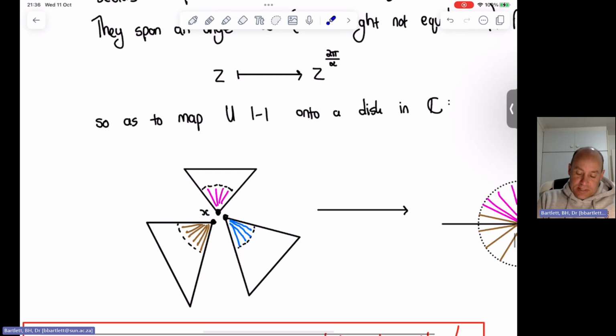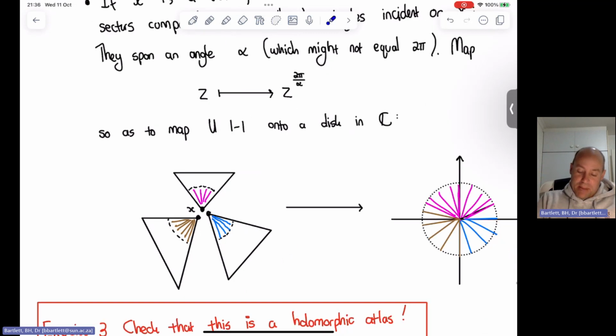So the point is, here is this U, this open neighborhood of X, and you can see that as I run around this circle, I don't quite go through 2 pi. I go through something less than 2 pi. So I just map z goes to z to the 2 pi over alpha. And that's going to stretch out this disk into a full disk.